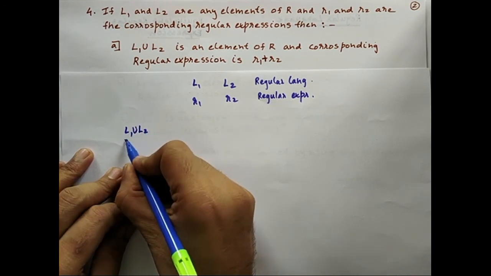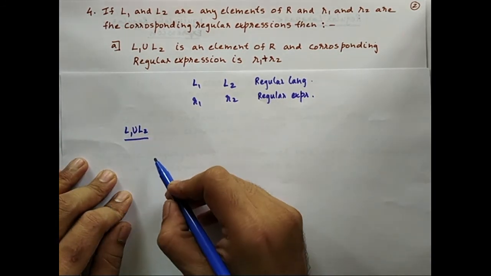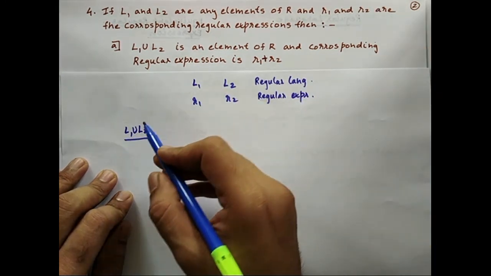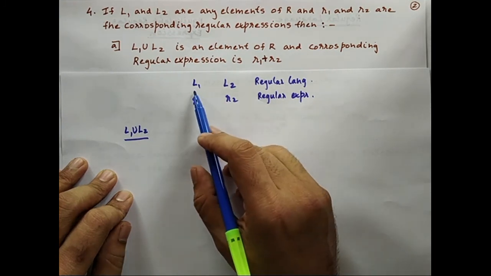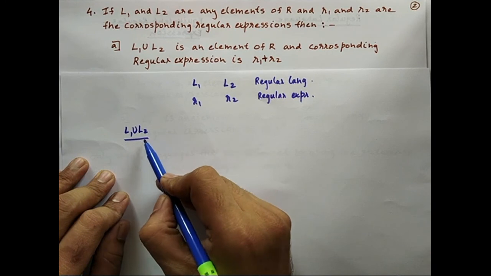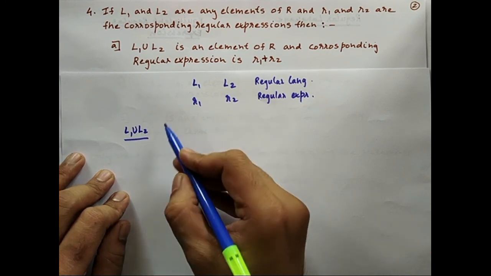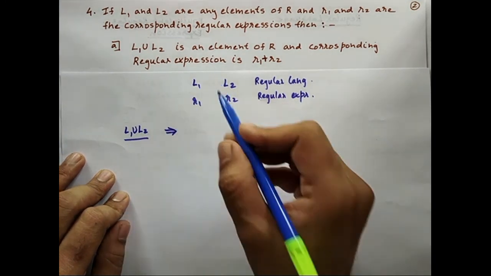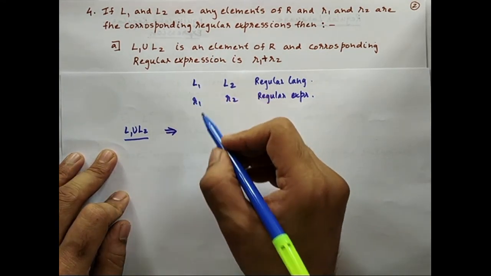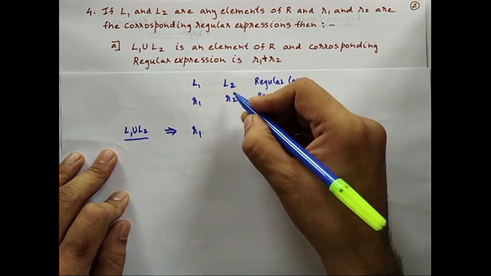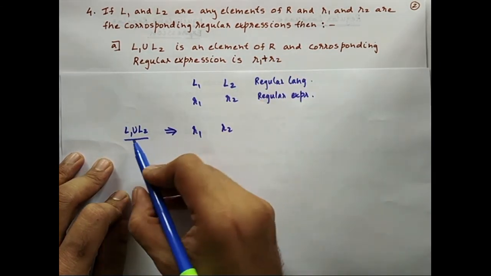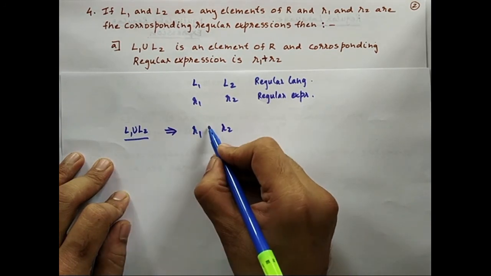There is a separate proof to get this result, but let us now assume, the proof we can see later on, that if L1 and L2 are regular languages, then the union of two languages L1 union L2 is also regular, and the corresponding regular expression will be: the regular expression corresponding to L1 is R1, the regular expression corresponding to L2 is R2, and I just told you that wherever there is union, you have to replace union with plus.